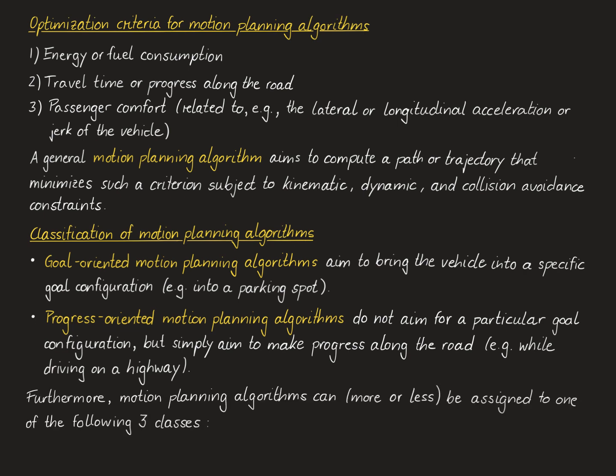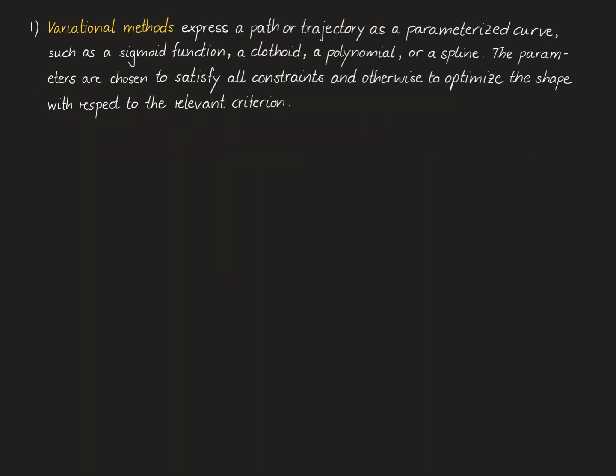Furthermore, motion planning algorithms can, more or less, be assigned to one of the following 3 classes. The first class is called variational methods, which are also known as curve-fitting methods. The main idea of these algorithms is to express a path or trajectory as a parameterized curve, such as a sigmoid function, a clothoid, a polynomial, or a spline.